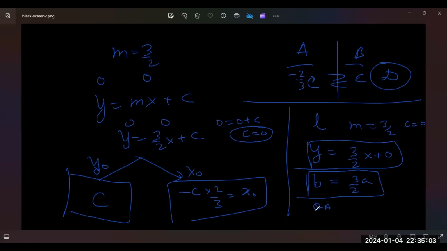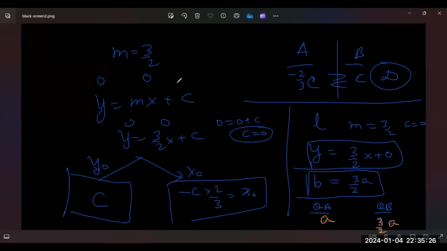Now, what is quantity A? It is A. Quantity B is B, but what is B? 3 by 2 A. Which is bigger? Is A bigger or 3 by 2 A bigger? A is bigger.